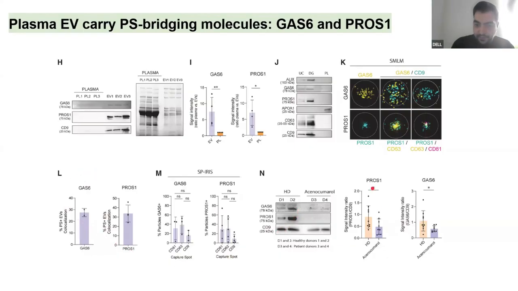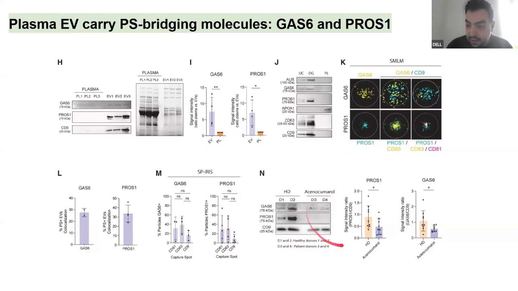And then, because vitamin K is required for this gamma carboxylation of the GLA domains of Gas6 and protein S, a modification which is critical for the ability to bind phosphatidylserine, we reasoned that treatment with vitamin K antagonists such as acenocoumarol would disrupt this association with EVs.